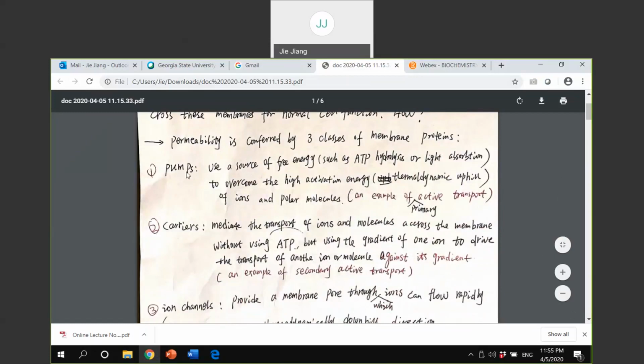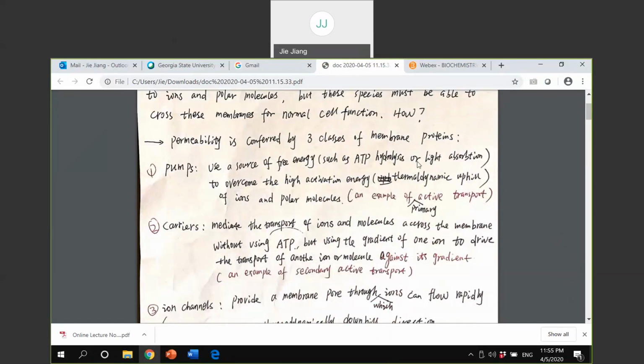There are pumps, carriers, and ion channels. So for pumps, basically they use a source of free energy, for example ATP hydrolysis or light absorption. They use the energy from these reactions to overcome the high activation energy of ions or polar molecules, to make these ions or molecules pass through the membrane.